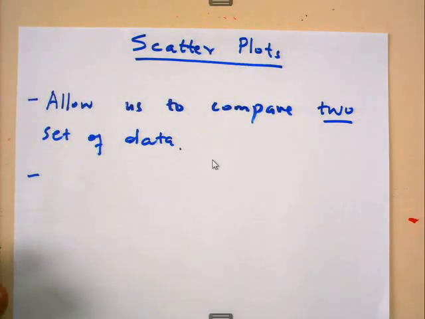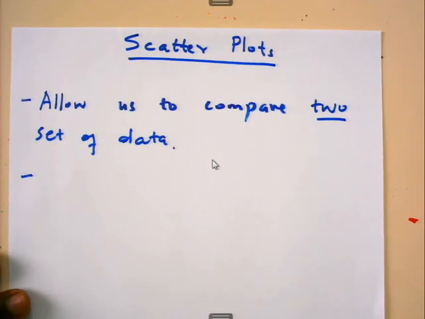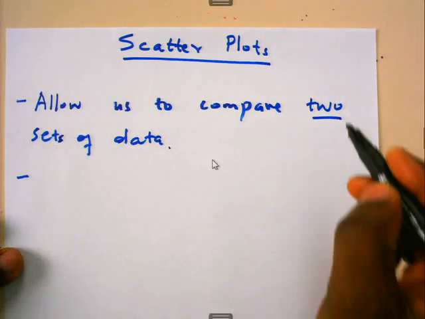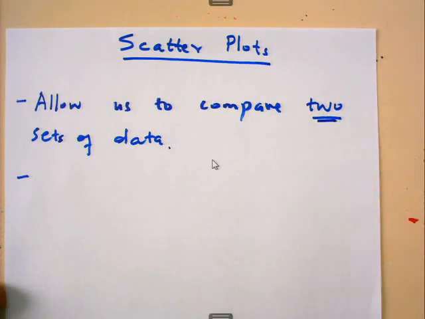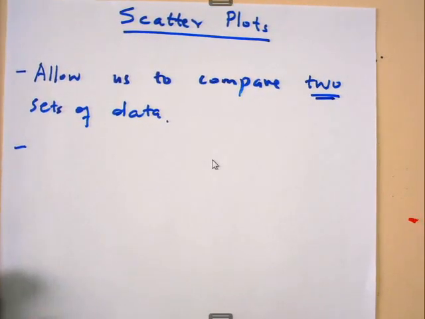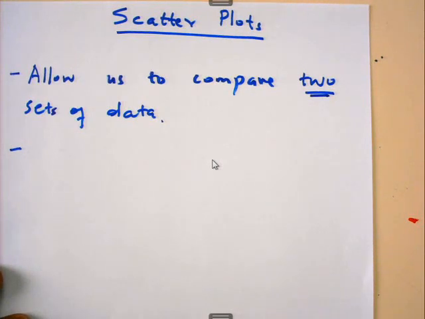But now on scatter plots, you need to make sure that you have 2 sets of data. They must be 2. You can see that I underline the word 2. We'll make an example to check how we deal with these 2 sets of data.